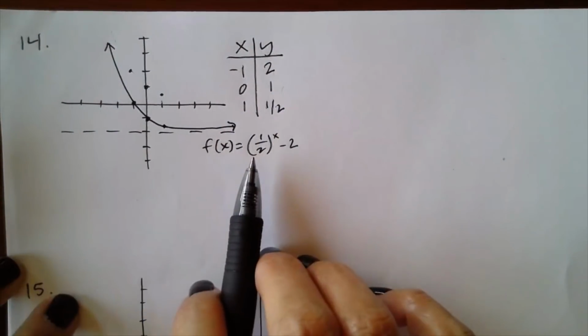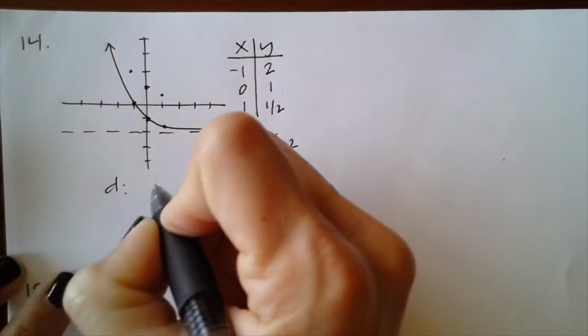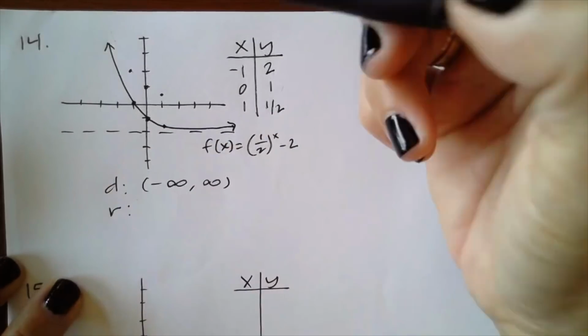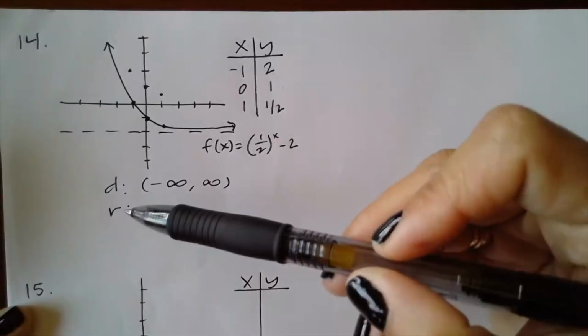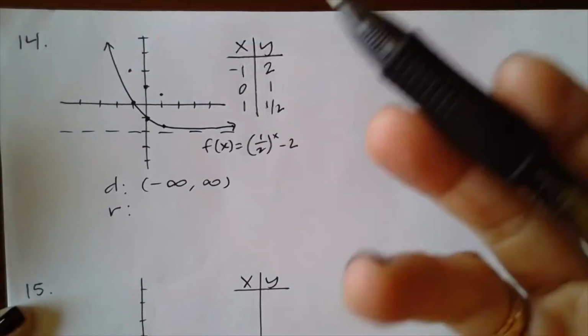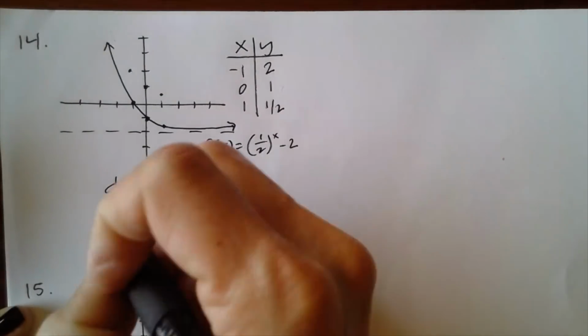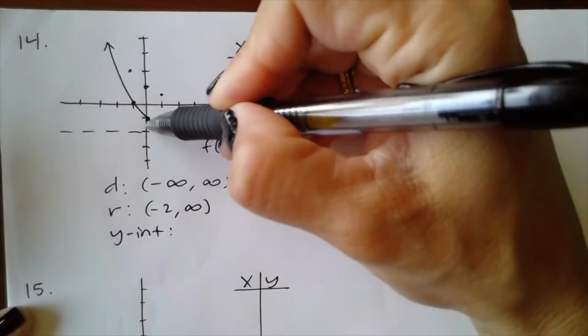Okay, so here's the graph. And the domain is all real numbers. The range are all values above -2. And the y-intercept is 0, -1.